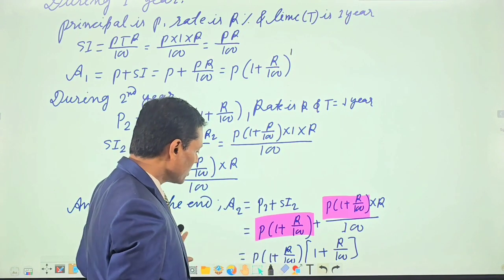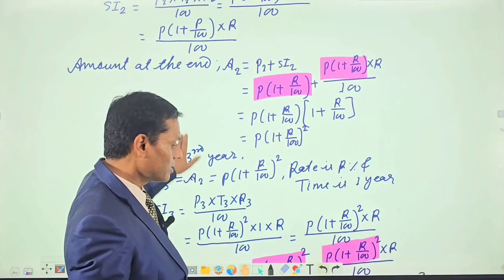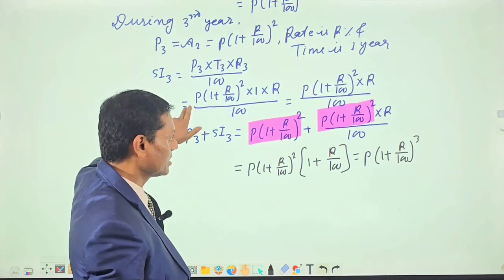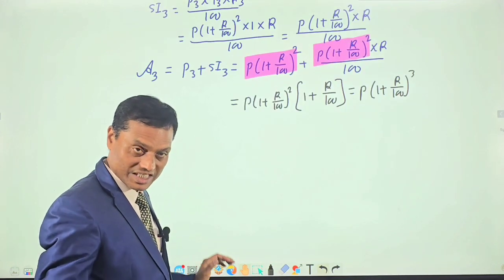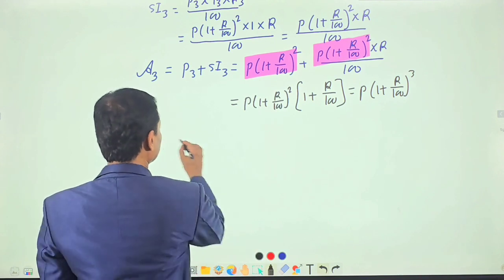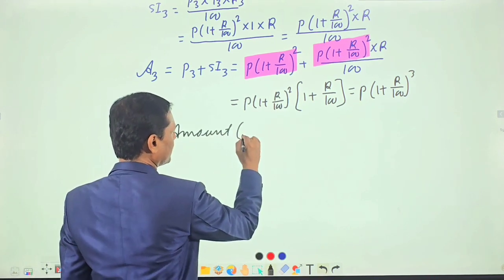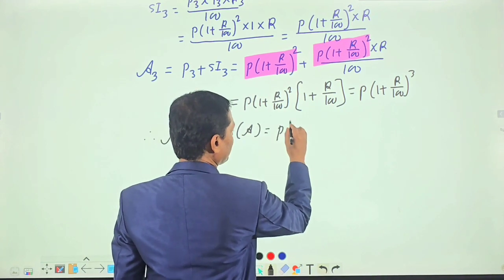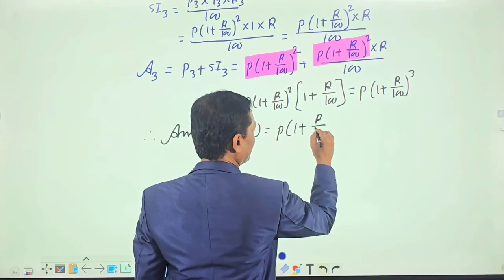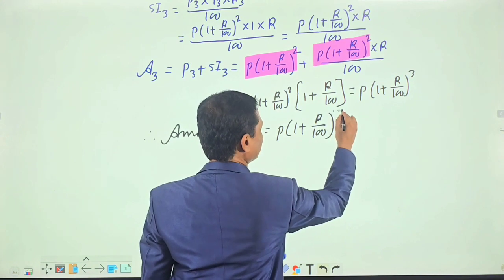So if the time is t years, then the power will be t. Therefore the amount A should be equal to P times (1 plus R by 100) to the power t.